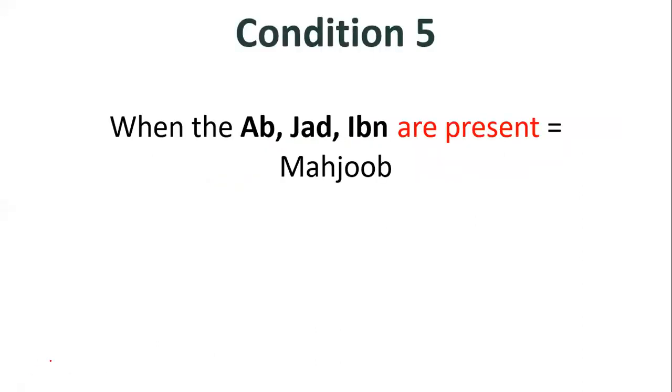Condition number 5 reads, when the ab, jad, ibn are present, then the ukht will be mahjub. So in this example, we have zawja, bint, ibn al-ibn, and ukht.